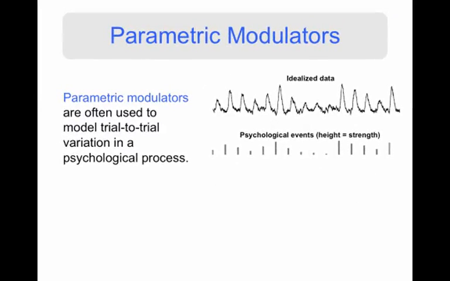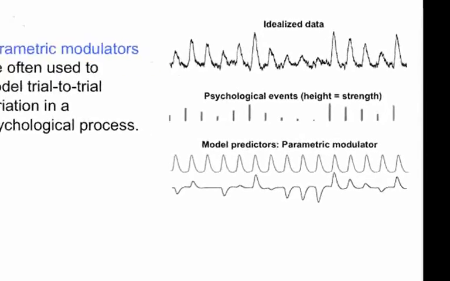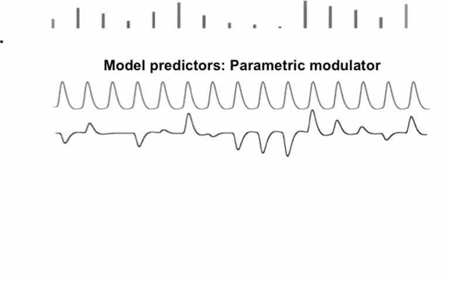Now one way of modeling this is using two different model predictors. The first is just assuming that each of the trials had the same neuronal response, and the second one is looking at what is the difference in the psychological events between, say, the grand mean and the one we observed on that trial.